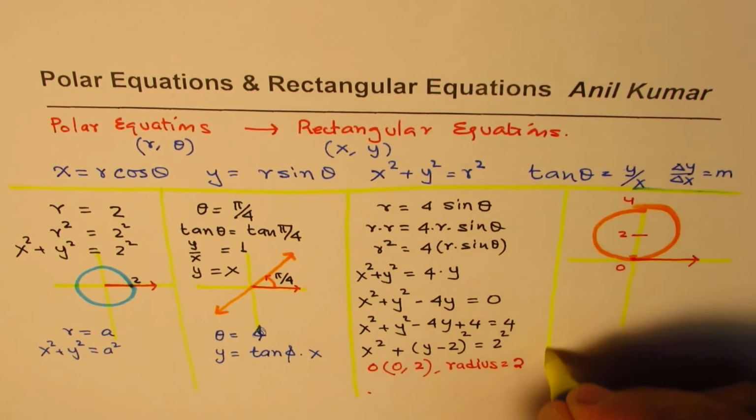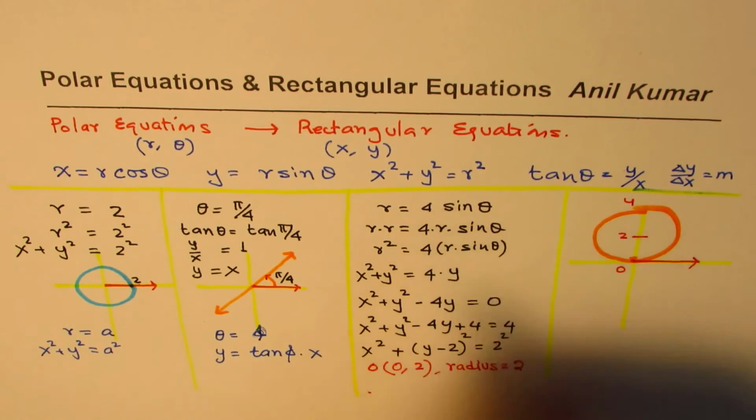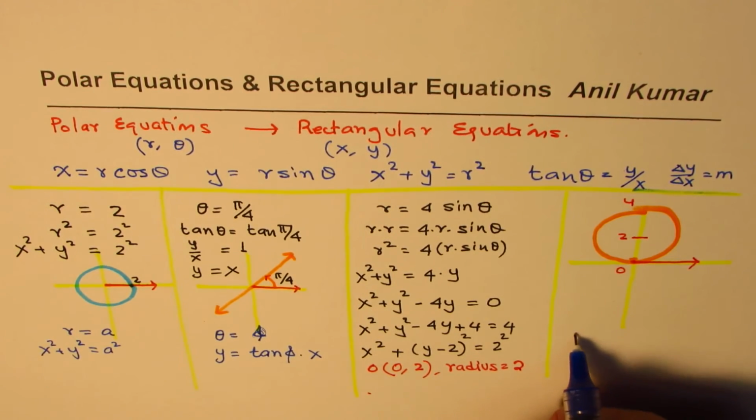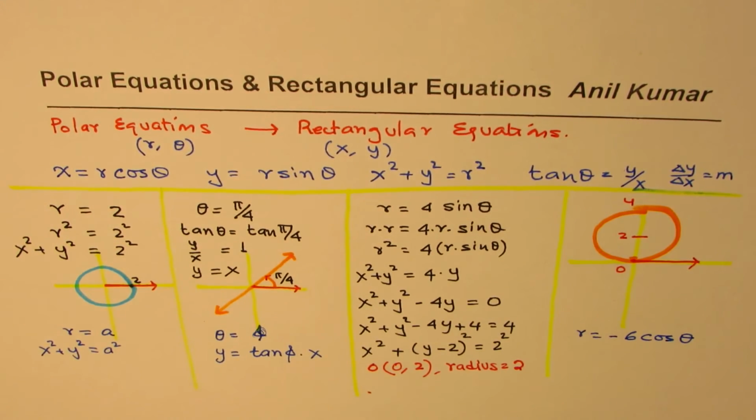As practice, you can try a few equations. Completing the squares is a must for you. For example, take r equals minus 6 cos theta instead of sine theta. So try this out. What does that represent?